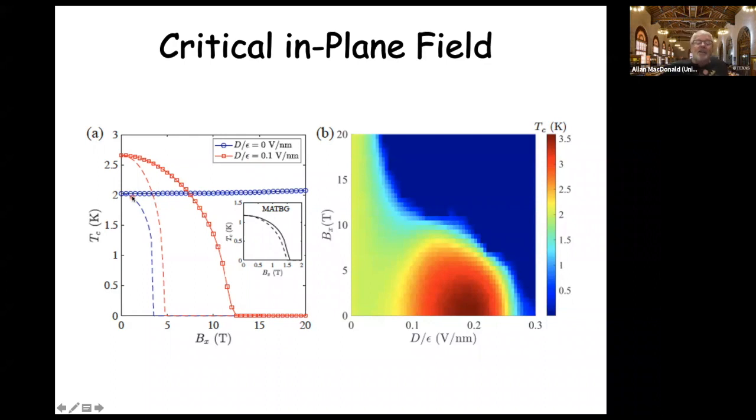And so the conclusion I want to draw is that the fact that superconductivity survives out to extremely large fields in twisted trilayer graphene suggests that the flavor polarization is such that you have basically a ferromagnetic state, and that superconductivity emerges as an instability of a two-dimensional ferromagnet.